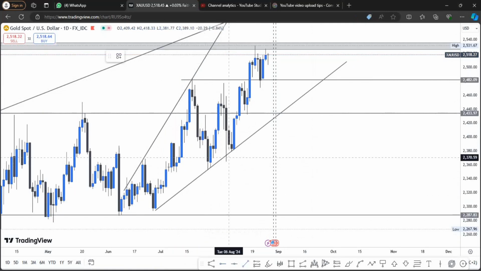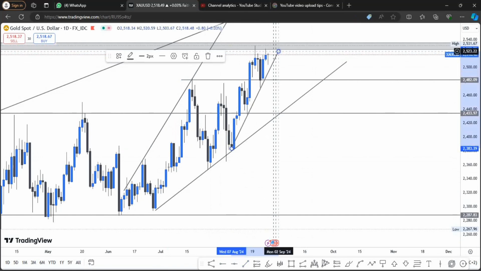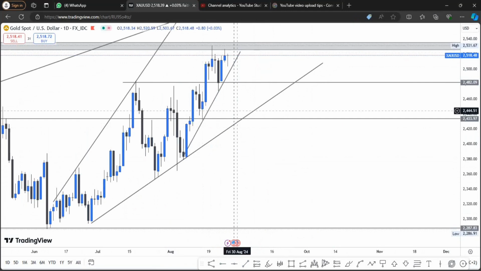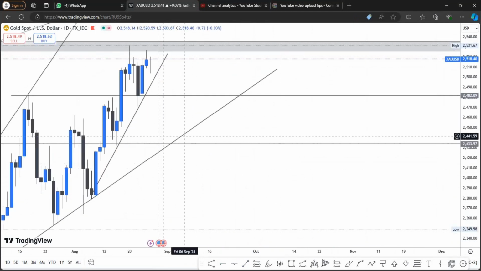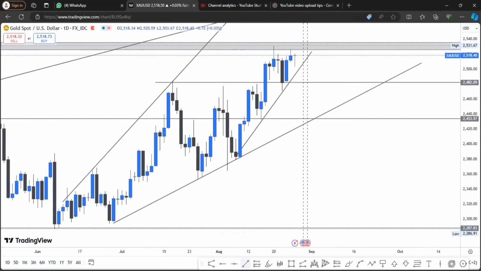On this one we have a major key here, or you can say it's a trend inside a trend, but you can call it a major key, same thing. Again, now we have to move to the 4 hour time frame.